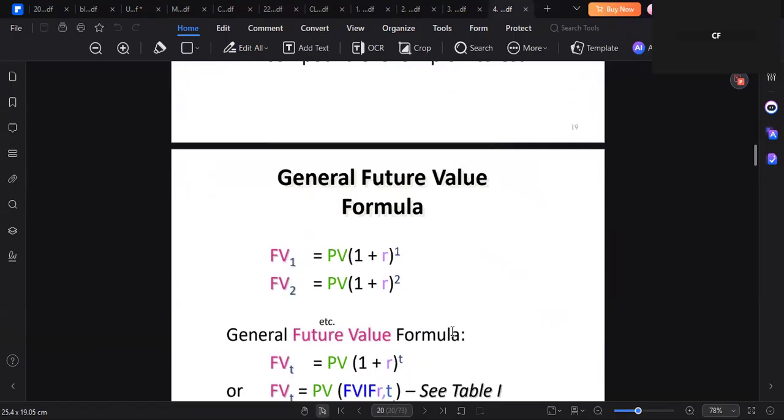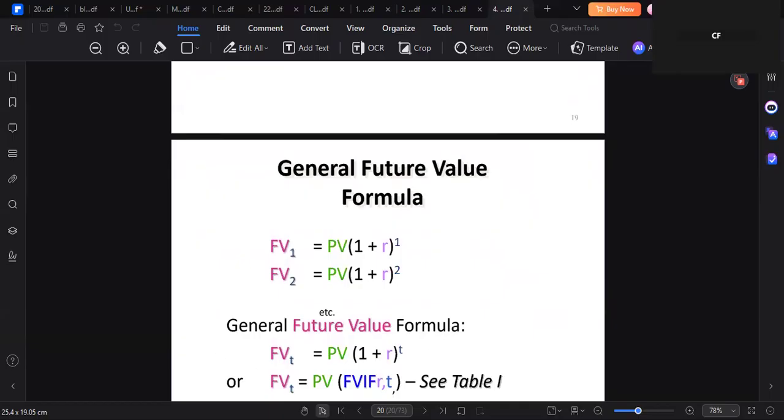All right. So in a nutshell, this is now the beginning of our computation. Future value is given by this formula that we must know. Future value is given by present value times 1 plus R to the power time.